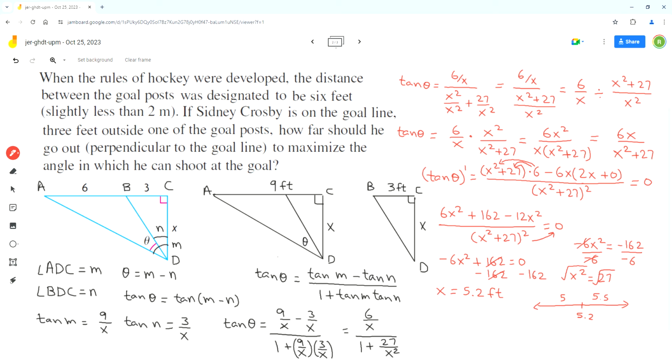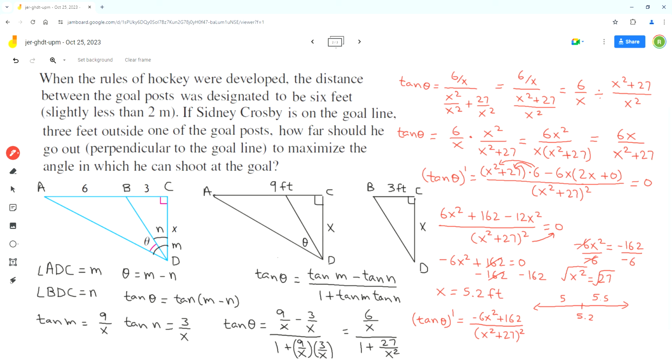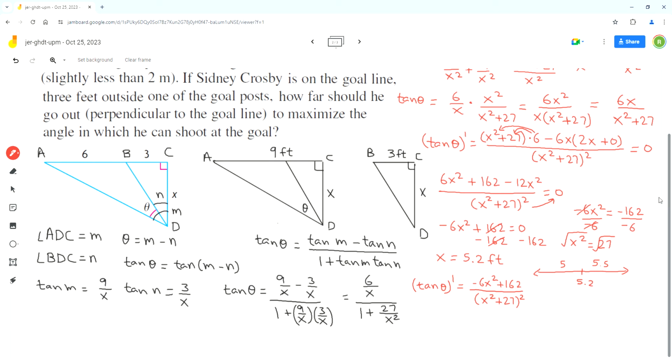Now we can sub in these test values in the derivative function. Let's start with the test value x equals 5. So we should sub in x as 5 in this derivative expression.